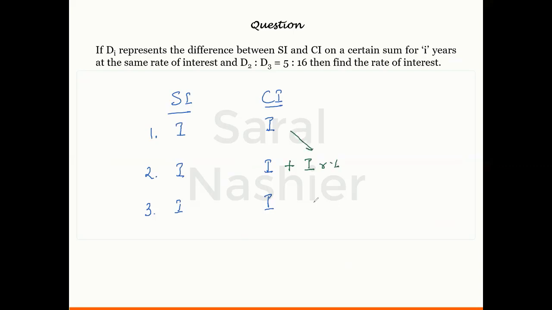You get interest on interest. In the third year you get I plus R% of the first year's interest, R% of the second year's interest, and R% of the second year's extra interest. So basically this is R% of R%. So I into R% into R% becomes I R% square.